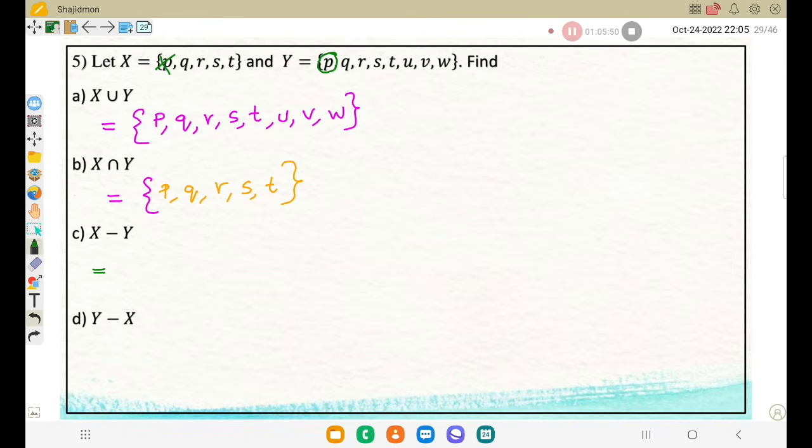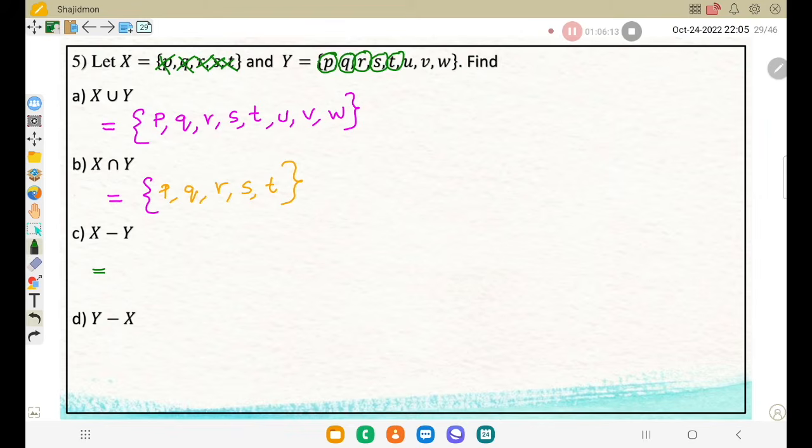Delete those from the X set. That means X minus Y means the element should be from X but it should not be in Y. So P we need to delete. Q is coming in Y, so we can delete it from here. R coming here, delete from here. S delete here. T also delete here. U, V, W are not in X, so nothing to do.